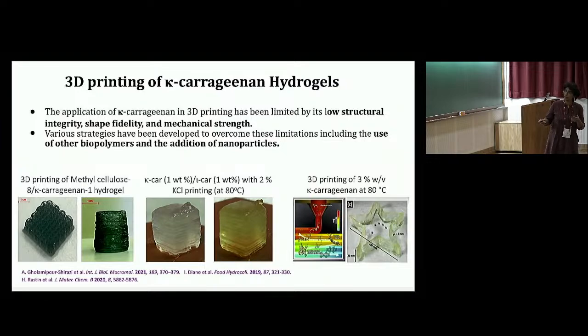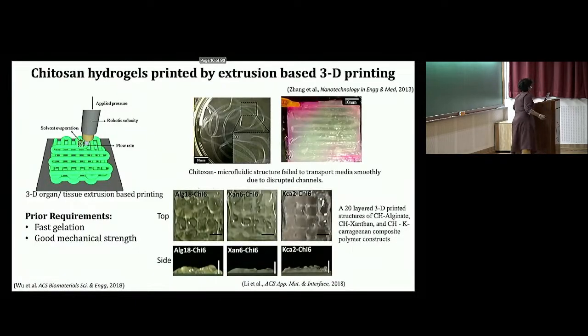One example, which I have not shown, is that there are reports in which kappa carrageenan has silicate particles or clay particles added as a filler to improve the mechanical strength and the printing. This is an example of chitosan. Again, a similar thought: you add another polymer, typically of opposite polarity, to increase the strength and the print fidelity of these materials.